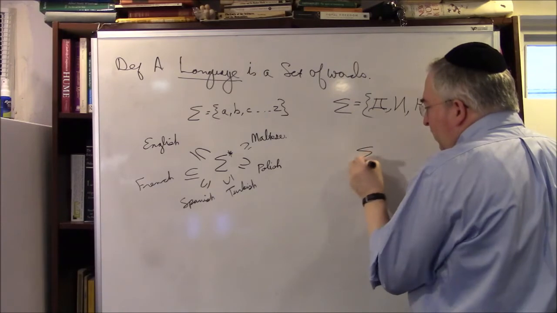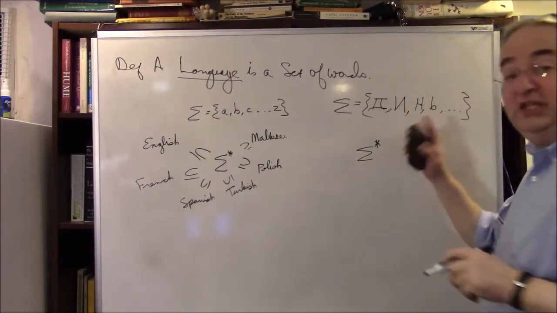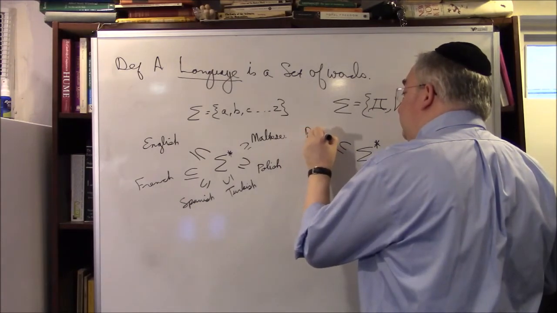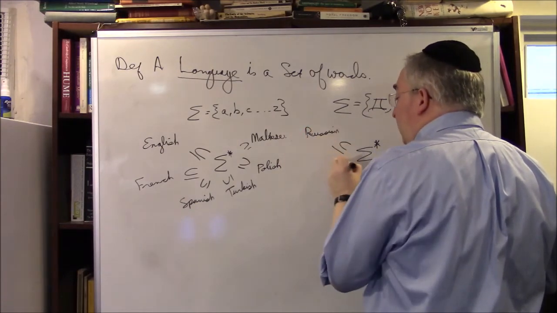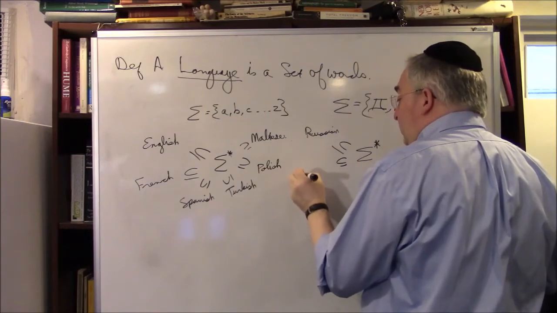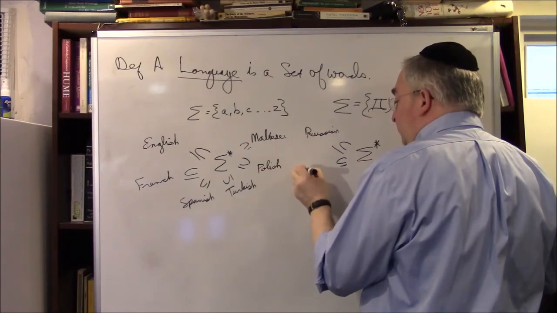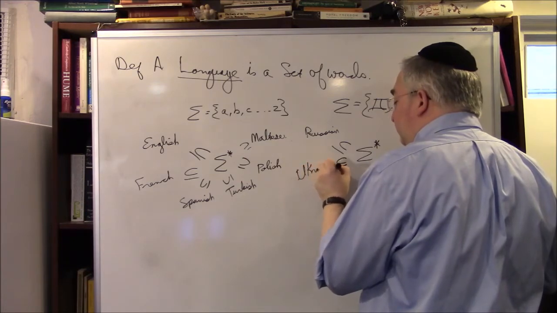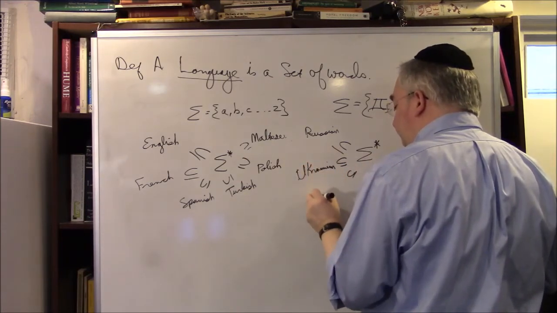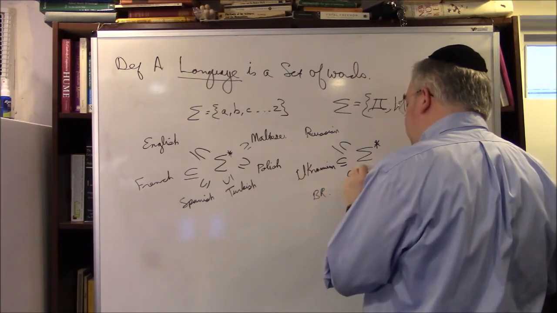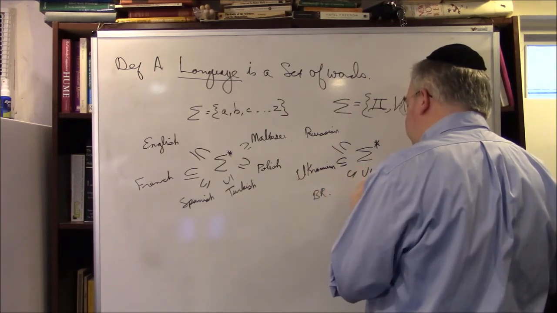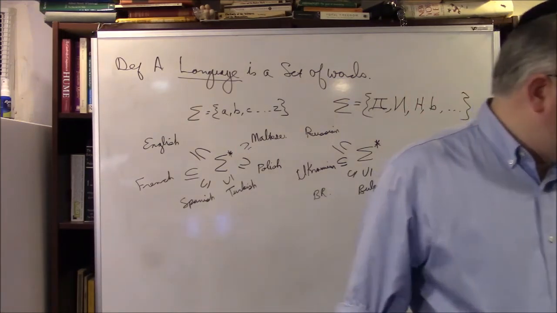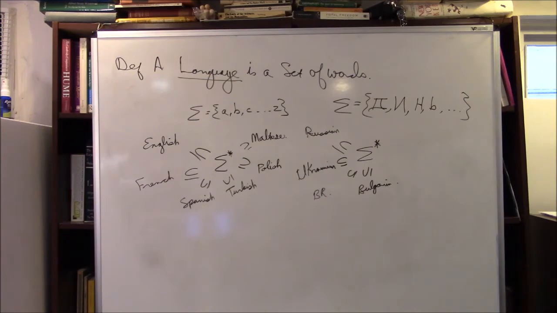So you could talk about the set of all words in such symbols, and Russian is an example of a language there, and Ukrainian, Belarusian, Bulgarian.